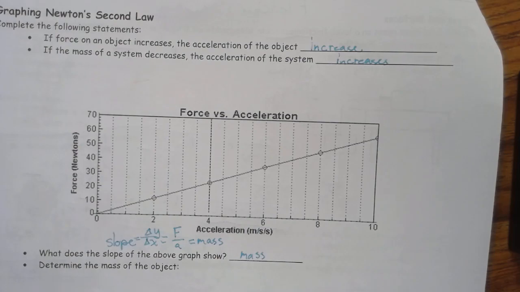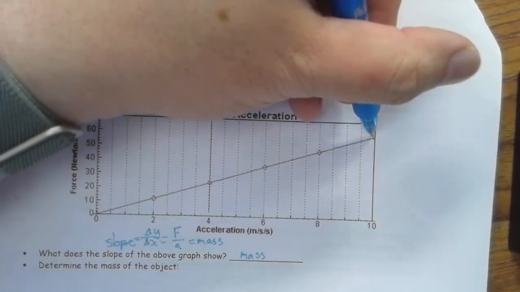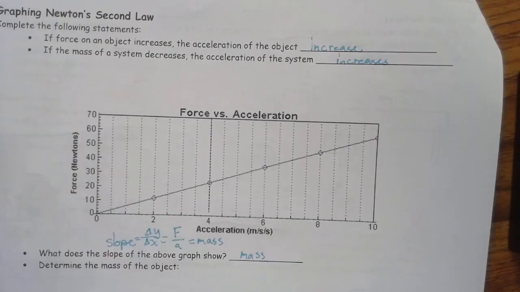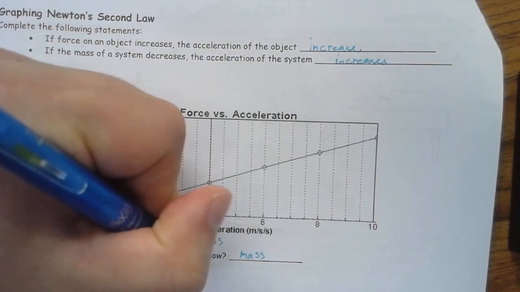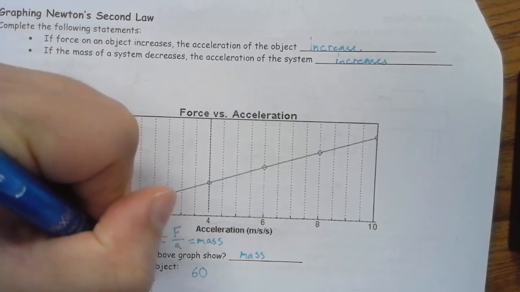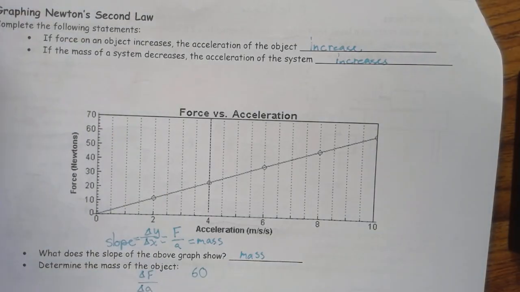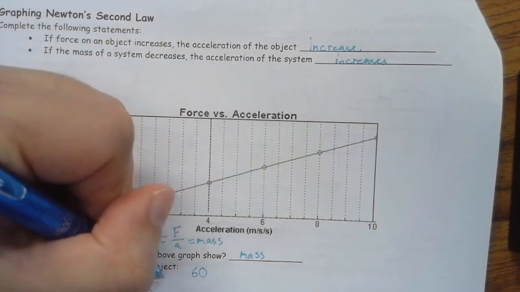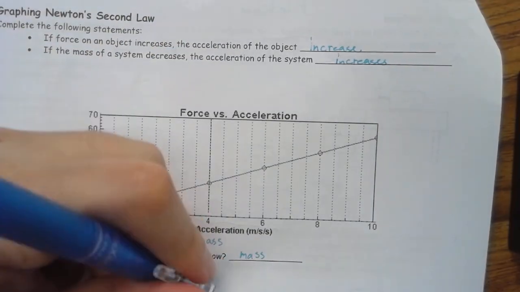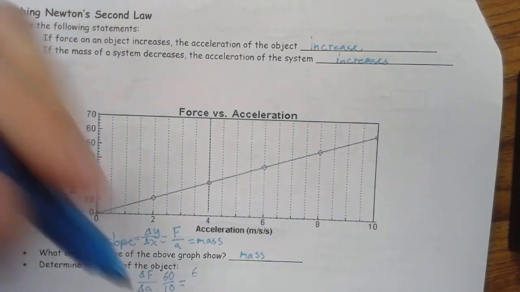So what's the mass of this object? I think it goes all the way up to 60 in 10 seconds. Yep, I got 60 over 10, so that's 6 kilograms.